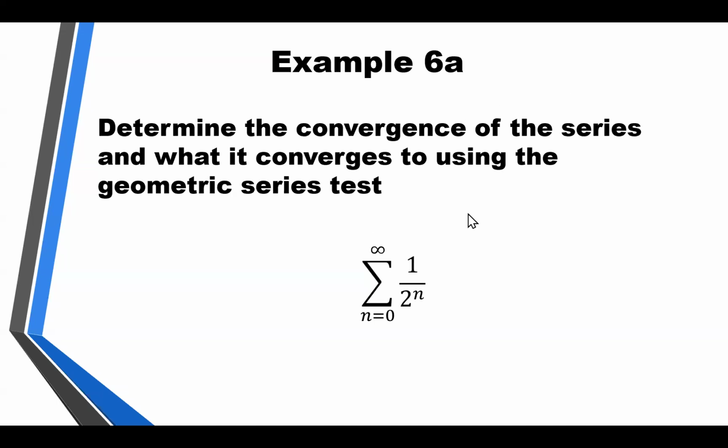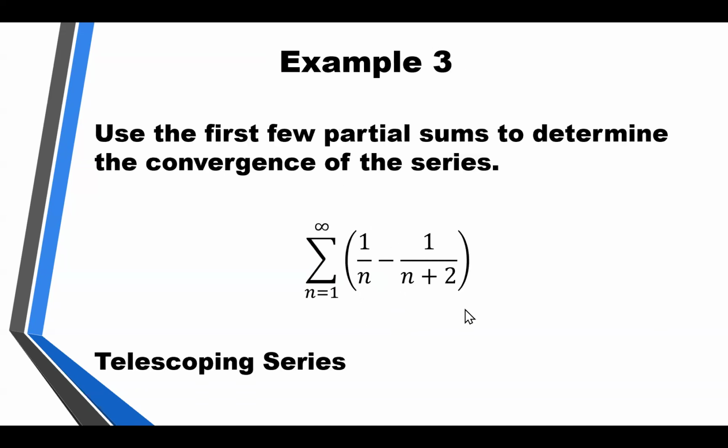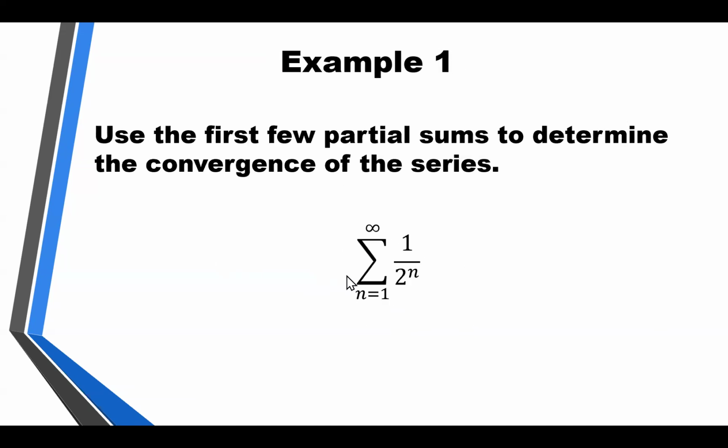Let's try example 6 as well. We're going to take an infinite series that's of the form 1 over 2 to the n. We'll start our count at 0. By the way, this is the one we started out with if I took n equals 1. So this is exactly the same infinite series as what we had in example 1, except now I'm starting my count at 0.